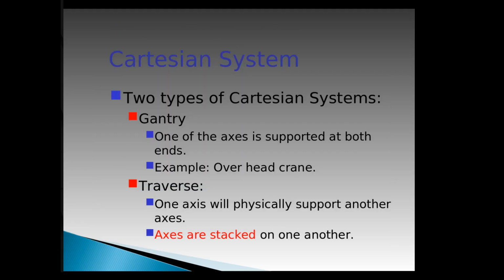Again, with the gantry, the first axis is supported at both ends, such as like an overhead crane, whereas the traverse just has one point where it's mounted, and so all the axes are kind of stacked on top of one another.